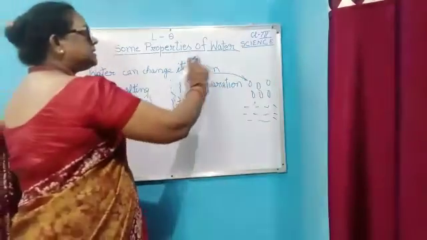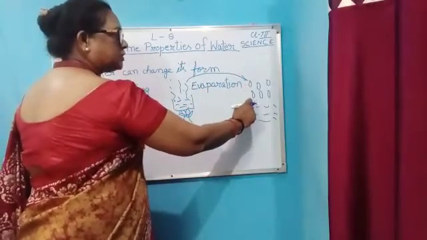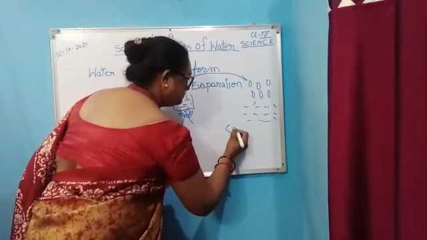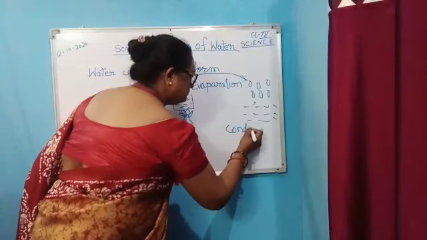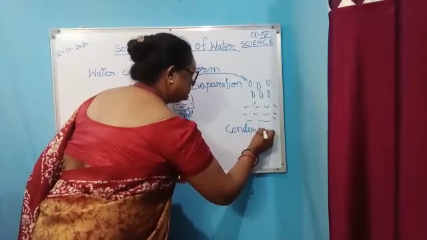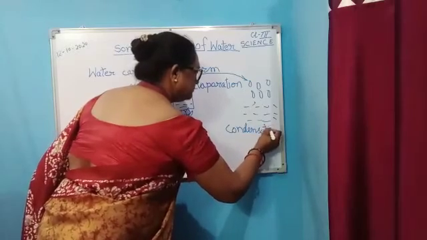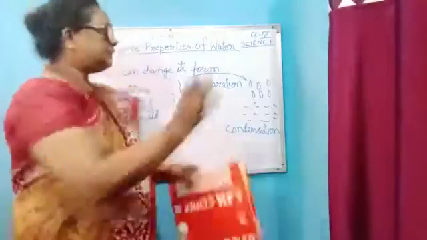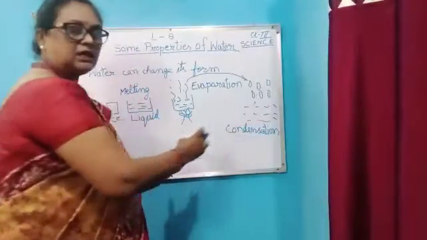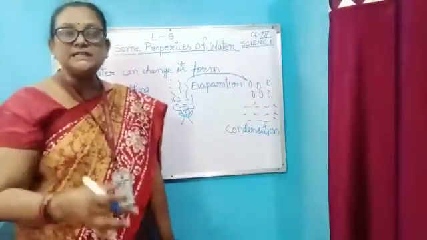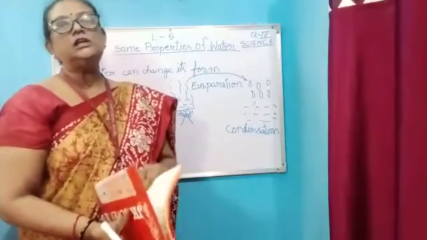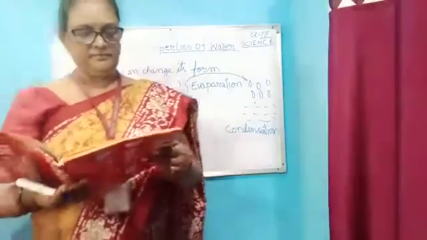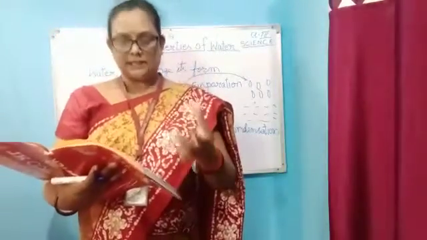And when this steam changes back into water, this is called condensation. So clear to everyone? And when this water, if we put back in the fridge or freeze it, it will change again into ice, or it is called solidification, because it is changing into solid again.